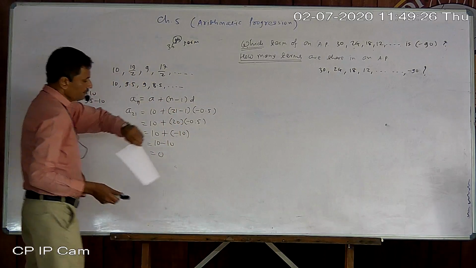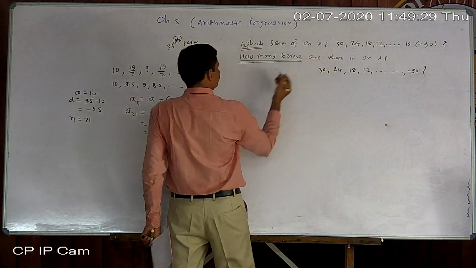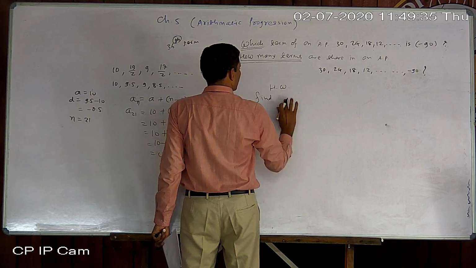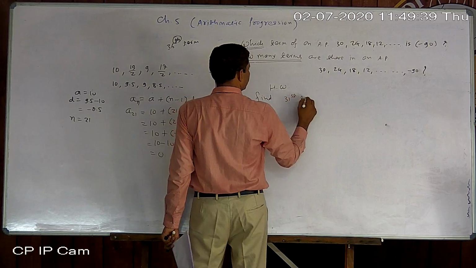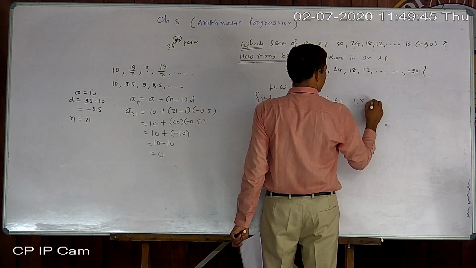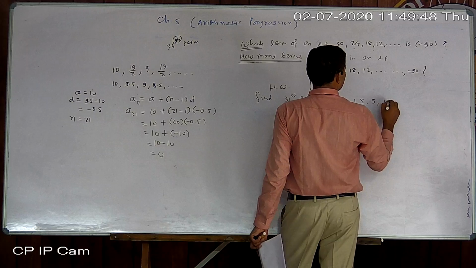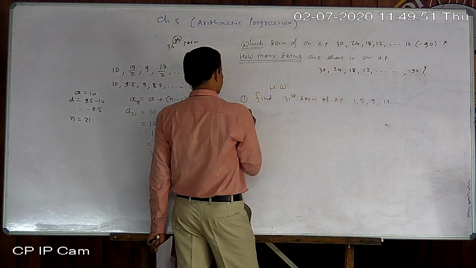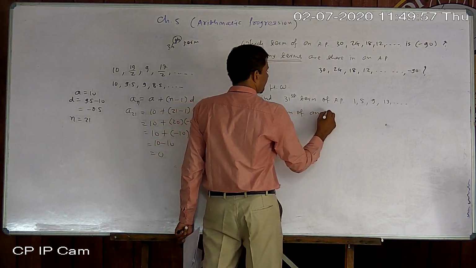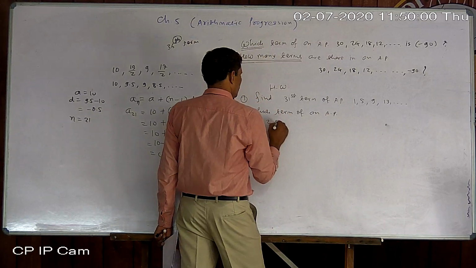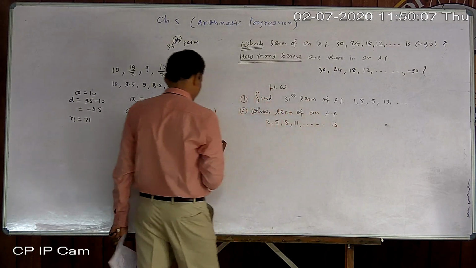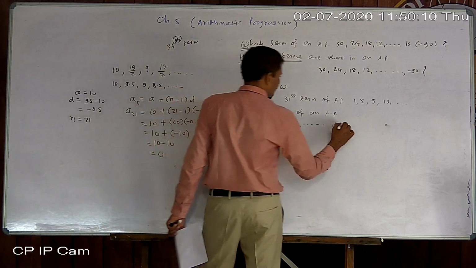Now I just give you a few questions. Number 1: Find the 31st term of the AP 1, 5, 9, 13, etc. Number 2: Which term of the AP 2, 5, 8, 11 is 92?